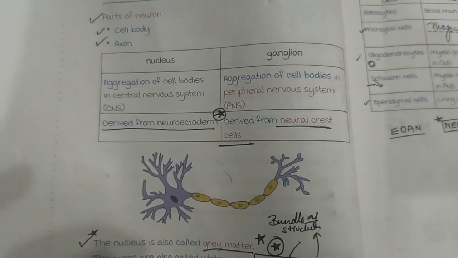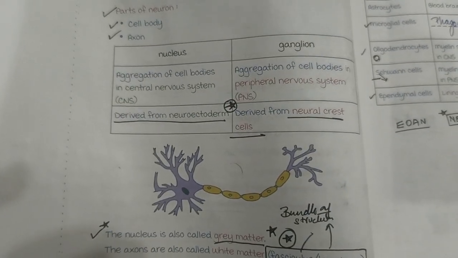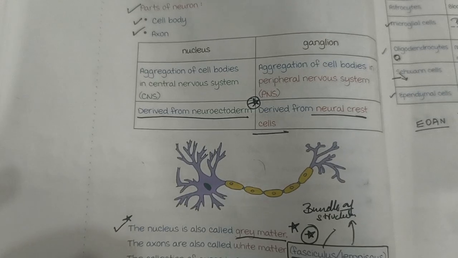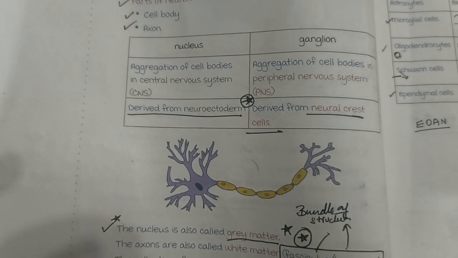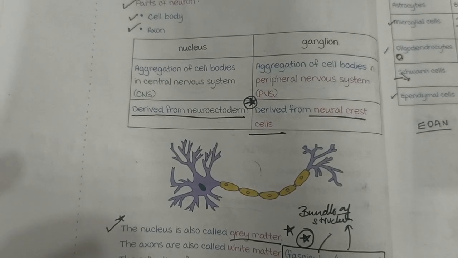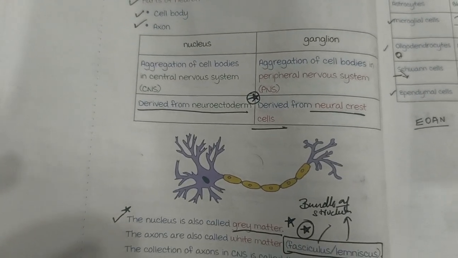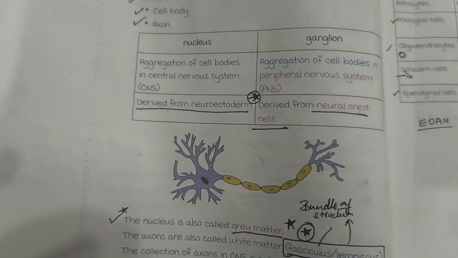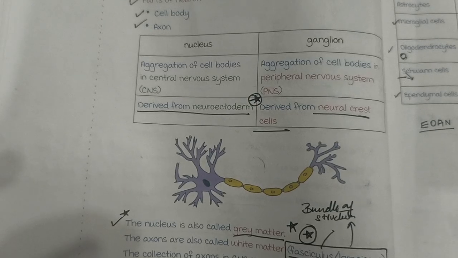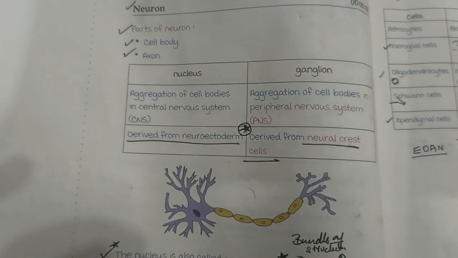Ganglion is an aggregation of cell bodies in the peripheral nervous system. That's the first important point. It is derived from the neural crest, which we have already discussed in the last video. So that's the point we need to understand.